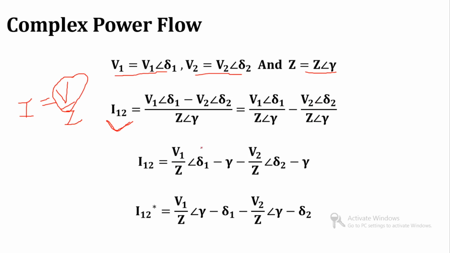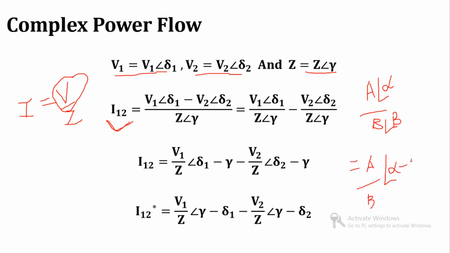So we know that if we have two complex numbers, suppose A at an angle alpha and the second number is B at an angle beta, then its division is equal to A by B, but the angle will be subtracted from numerator to denominator.